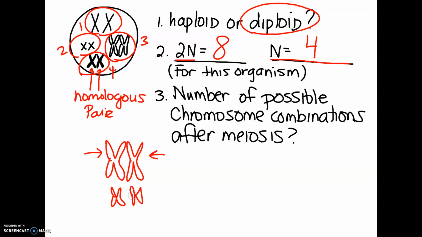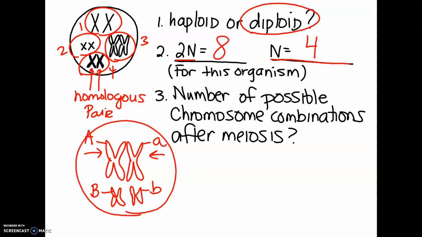So if I had these 4 chromosomes, and let's say we call this one big A, this one little a, this one big B, and this one little b, when meiosis happens, you could give the chromosome big A with the chromosome big B. That's one possibility. Or you could give chromosome big A with chromosome little b, etc. That's independent assortment, the idea that it's random.